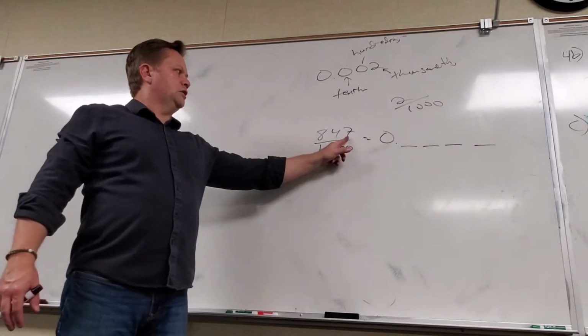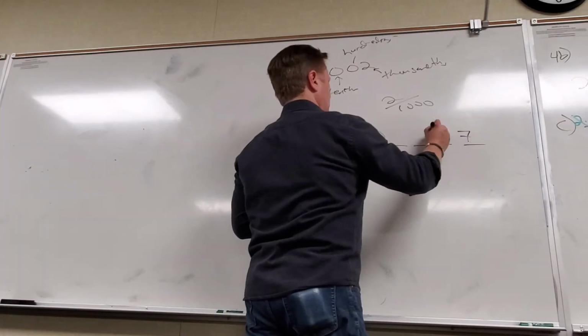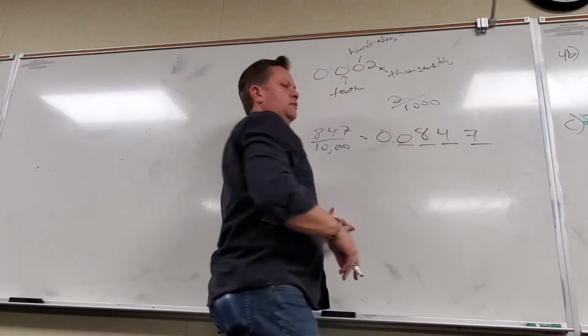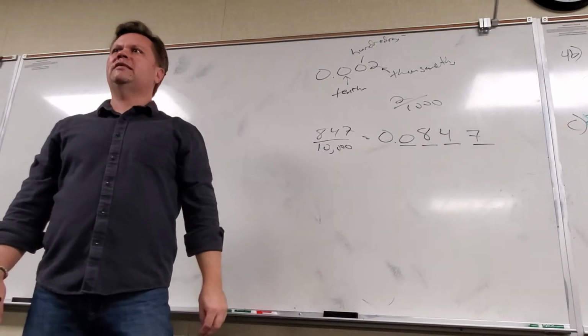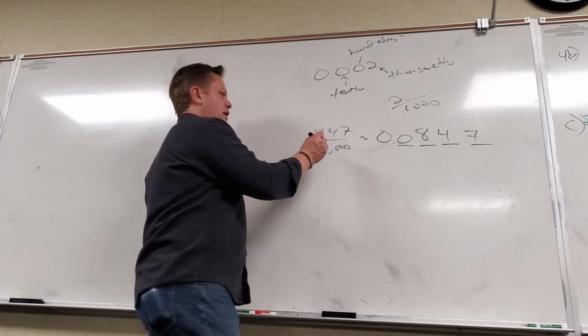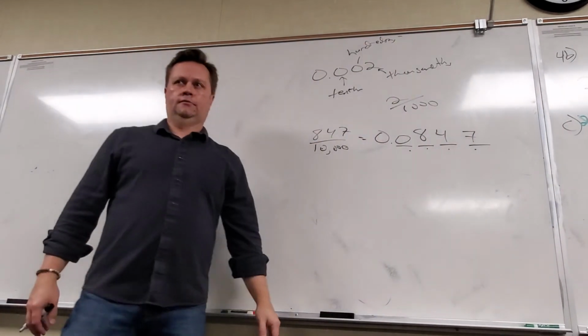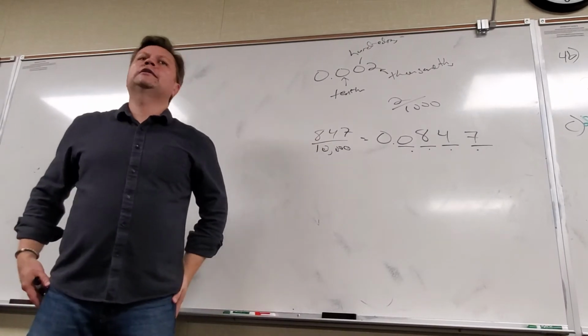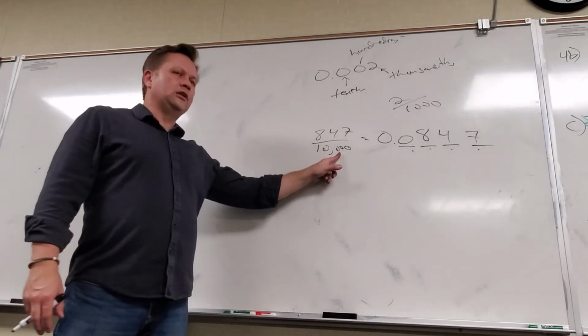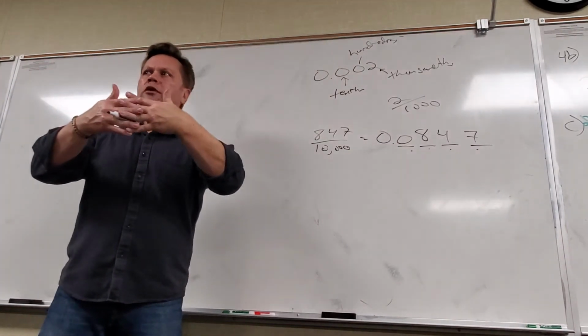So the last digit better end up in that last spot. There. That's 847 10,000ths. How many spots am I going to have? 1, 2, 3, 4 zeros. 1, 2, 3, 4 spots. So many connections there. Because that goes right into our number system. That's why it actually is easy. You just got to remember how it works.